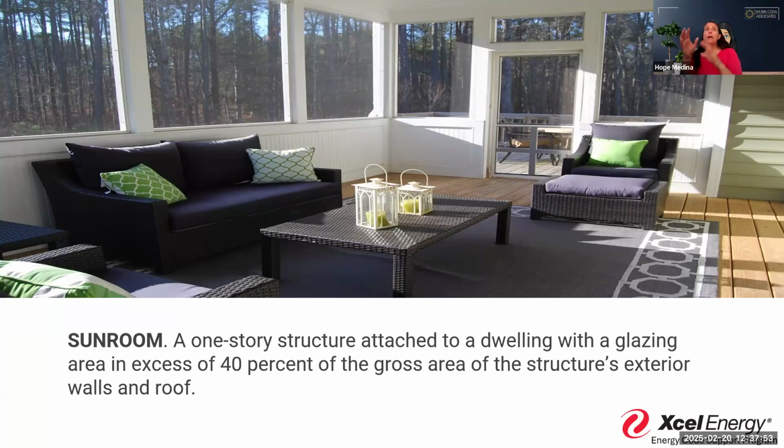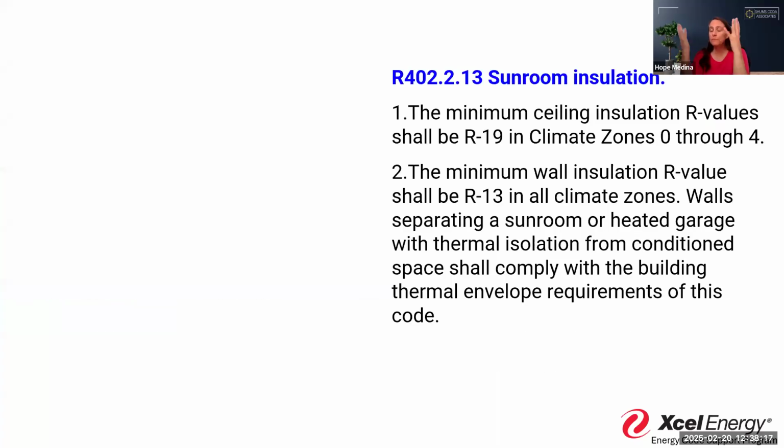And also, at least 40% of the exterior walls and roof has to be glazing. So it has to be fenestration, whether it's this way or this way. It's got to be 40% glazing.